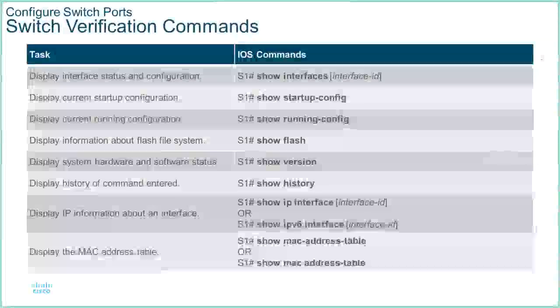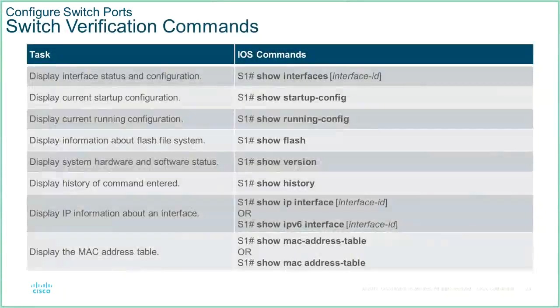So verification commands: show interface, show startup, show run, show flash for the files in storage. Show version will tell you what type of hardware and software you have. Show history is your command history, and show interface and show MAC address table will give you your various interface configurations and your mapping for your ports and your MAC addresses.